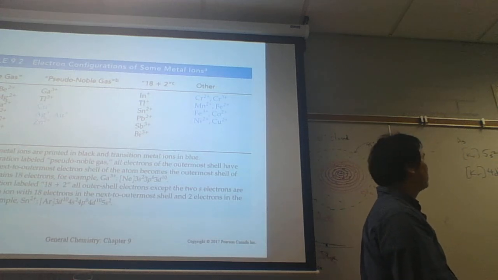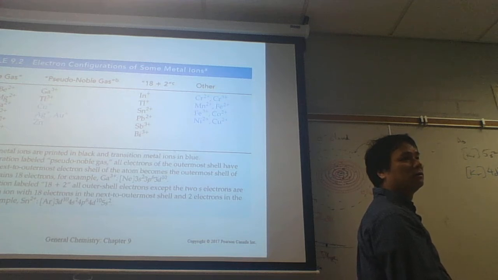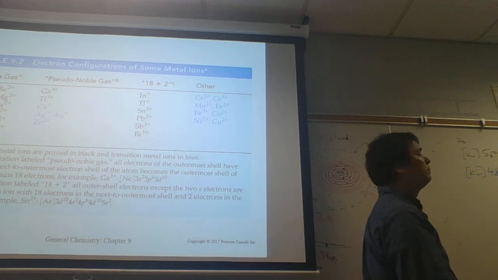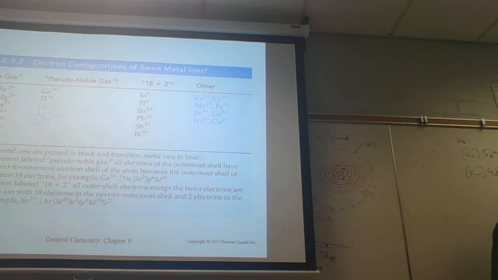How many valence electrons does silver have? 1. And if we go from silver to silver ion, Ag+, then the electron configuration is going to be krypton 4d10.